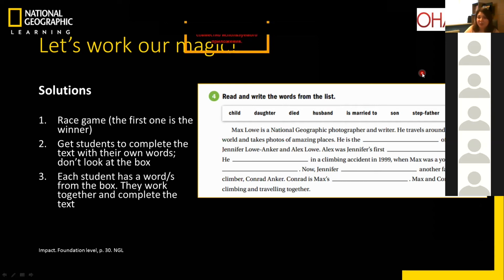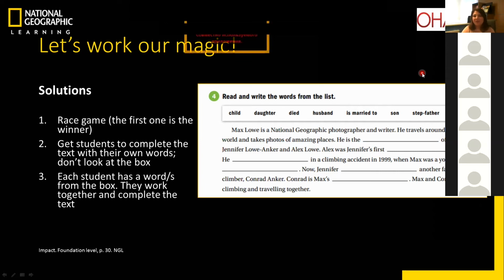Also, time management skills will be developed here. And as a life hack for you, you can do this activity with your students, if applicable, of course, when you see that you are falling behind the planned timing, and this way you can speed up.